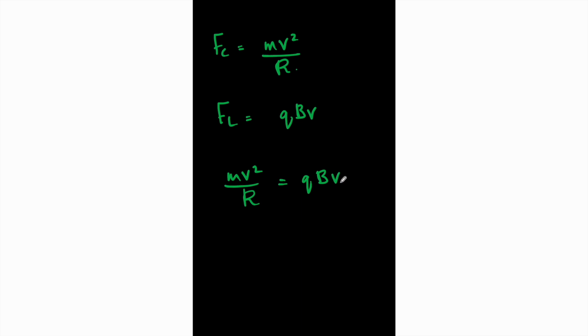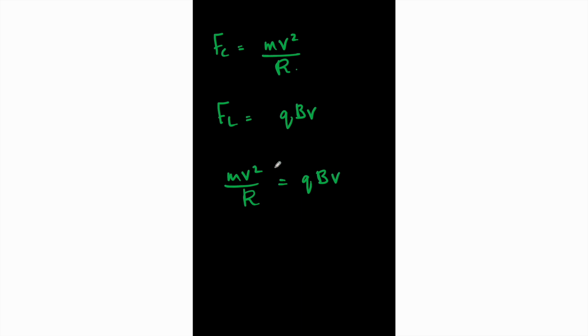What is the centripetal force for a particle executing circular motion? It is m v square by r. What is Fl, the Lorentz force for a charged particle under a magnetic field? It is q B v. Both of them must be equal so that the particle is able to execute a circular motion. That means m v square by r must be equal to q into B into v.